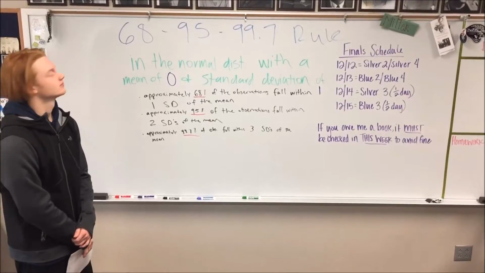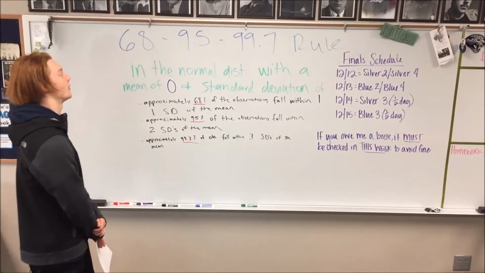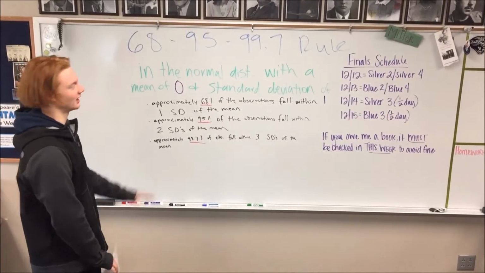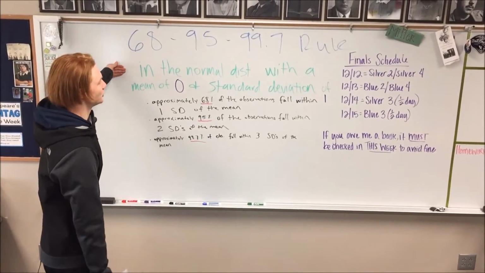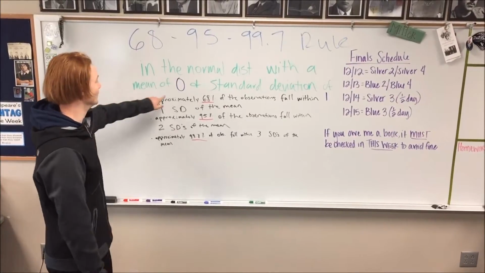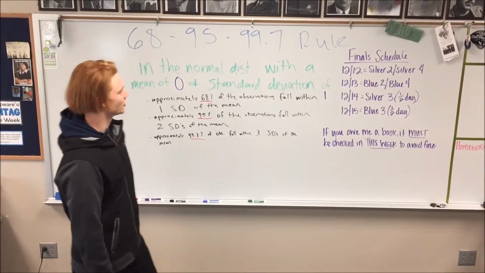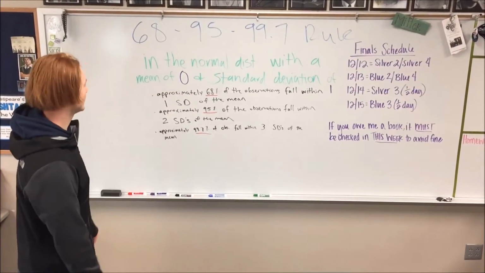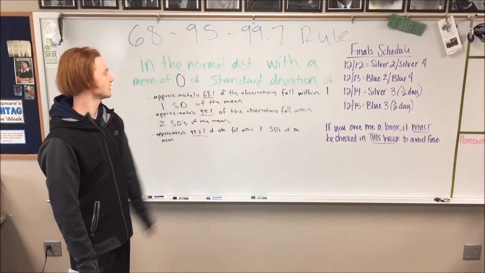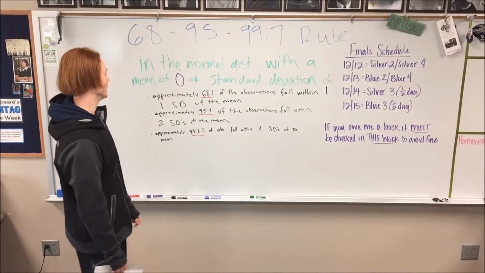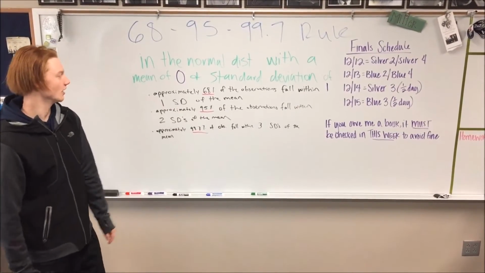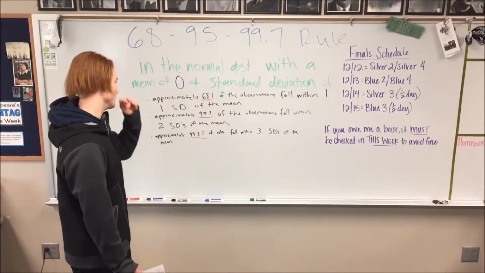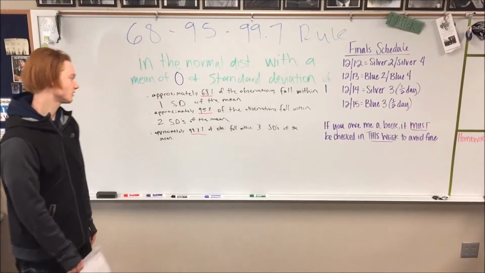Alright class, I will be teaching you about the 68, 95, 99.7 rule, which is as follows. In the normal distribution with a mean of 0 and a standard deviation of 1, these three things apply. Approximately 68% of the observations fall within one standard deviation of the mean. 95% of the observations fall within 2 standard deviations.